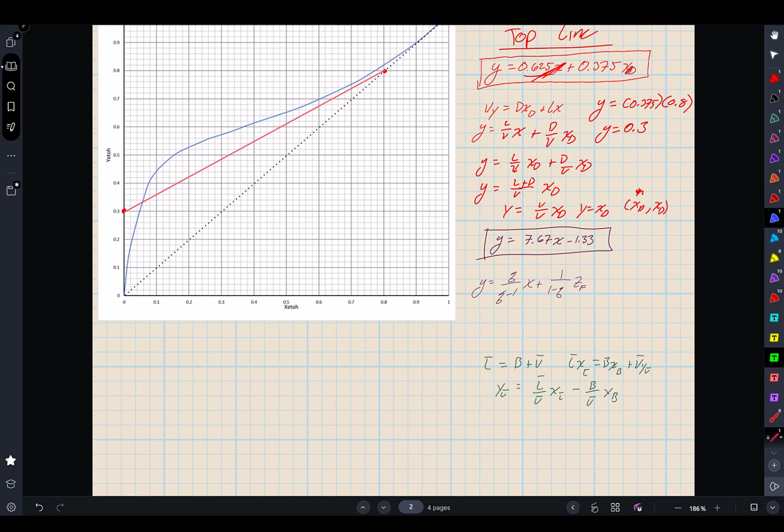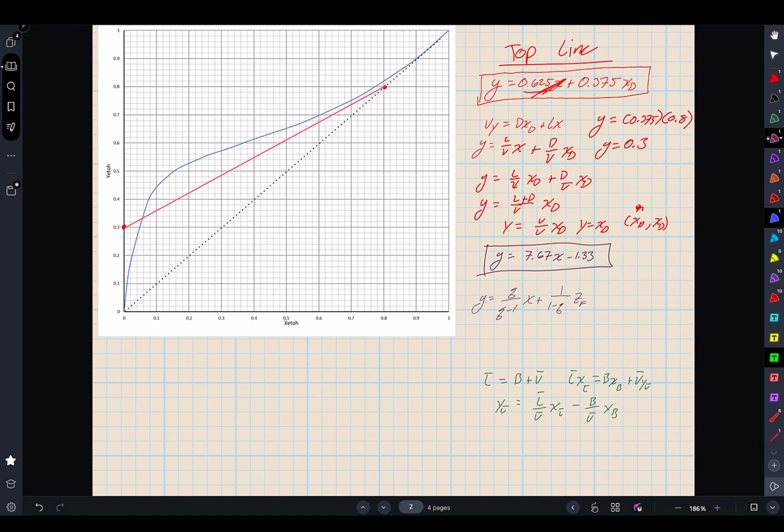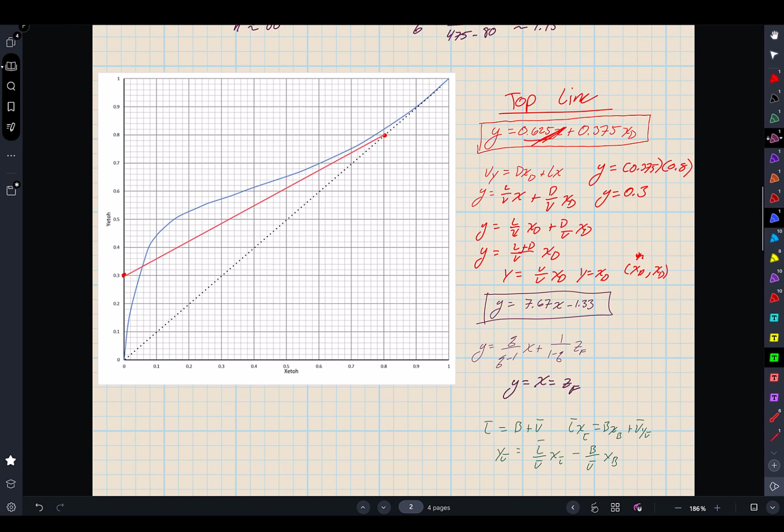Okay. The next thing we want to use is our feed line. To plot our feed line, again, we can make the case that y equals x equals zF is a solution to the point. So if our z is equal to 0.2, you would go to 0.2, and that's your point. From here you can use slope, or you can plug in another point and solve from there.